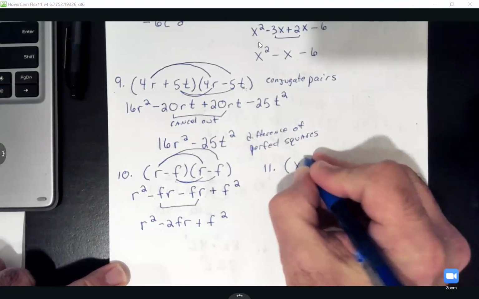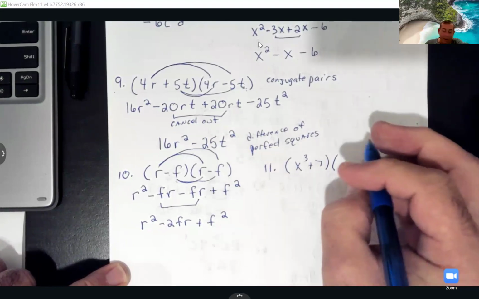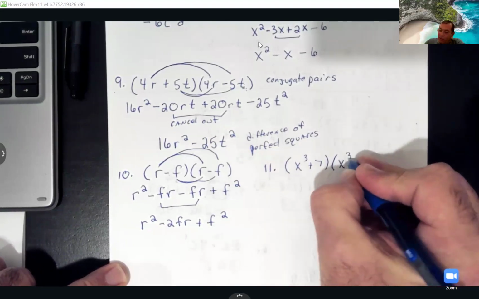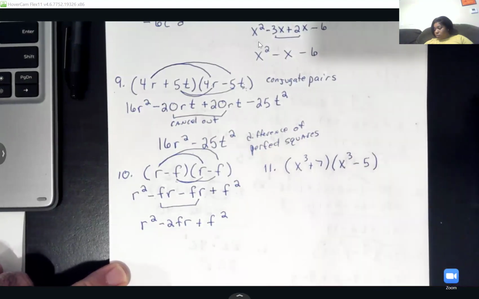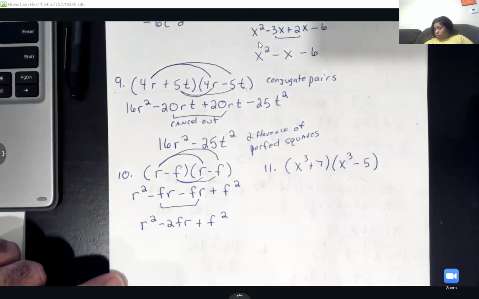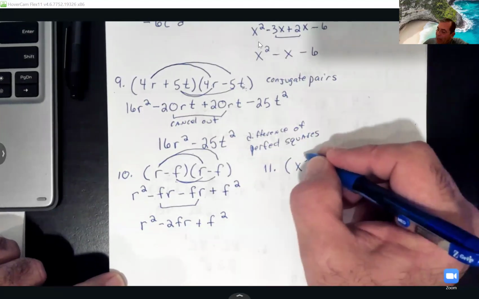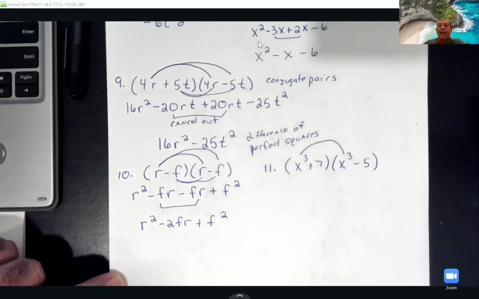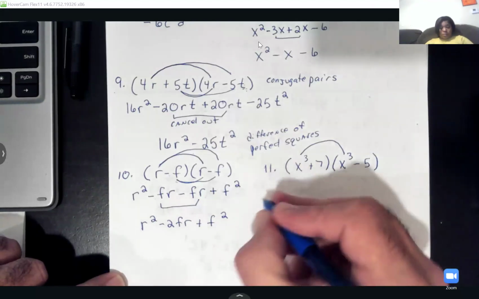Alrighty, y'all. x to the 3rd plus 7 times x to the 3rd minus 5. So y'all tell me, what will I get when I multiply this x to the 3rd times that x to the 3rd? x to the 6.